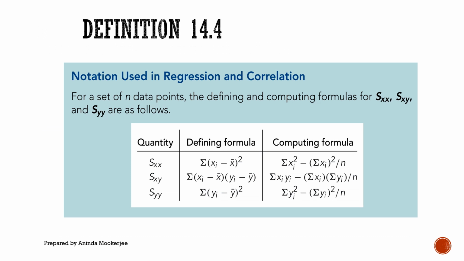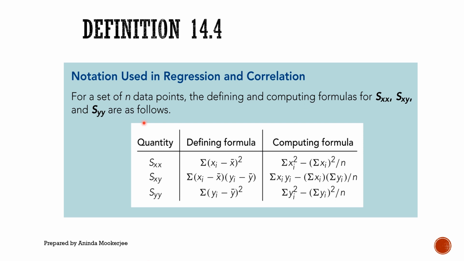Now we are ready to talk about how to come up with a regression equation, the slope and the y-intercept. All right, so we'll talk about the formulas that will give us the value of the slope and the value of the intercept from our data set.